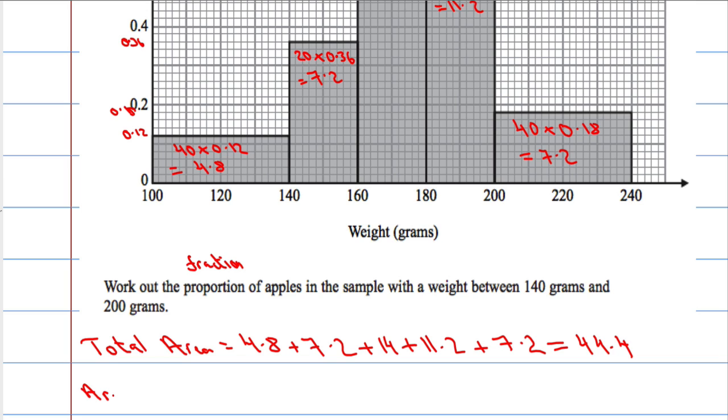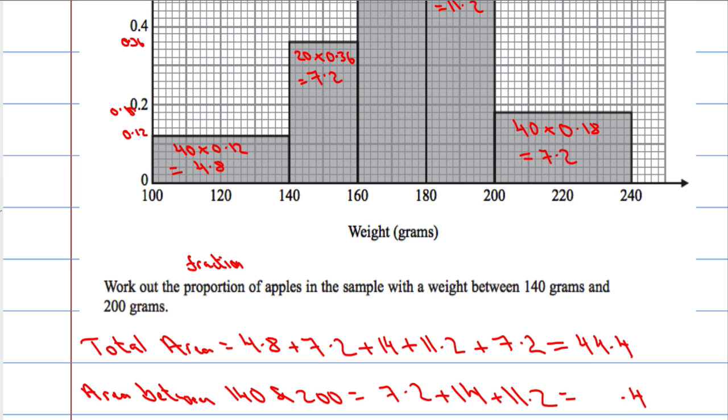And then the area between 140 and 200 will equal the 7.2 plus the 14 plus the 11.2, which gives us 32.